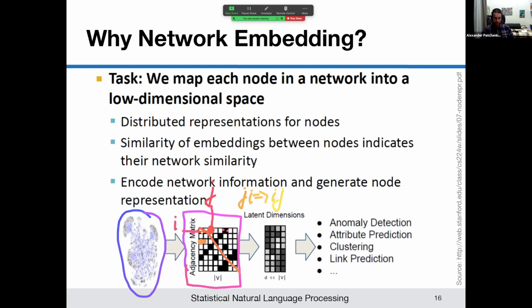Now, the problem with this matrix is that it's very sparse. So if you have, let's say, a large network, if you have language, you may have, let's say, 300,000 unique words in your dictionary. So then you have a 300,000 by 300,000 adjacency matrix. So this is huge.